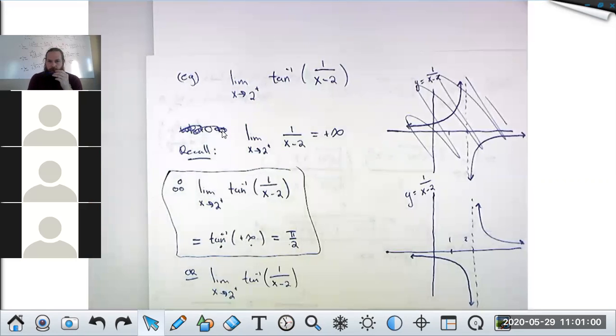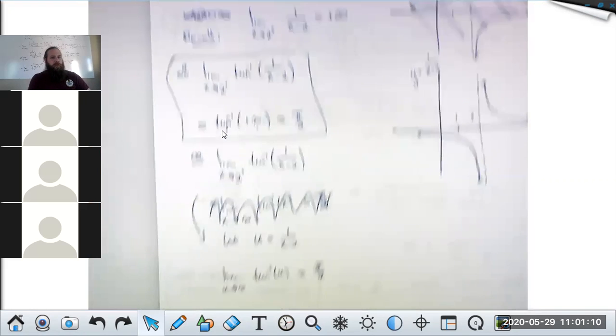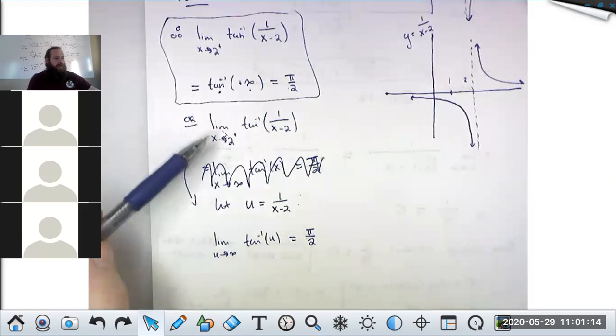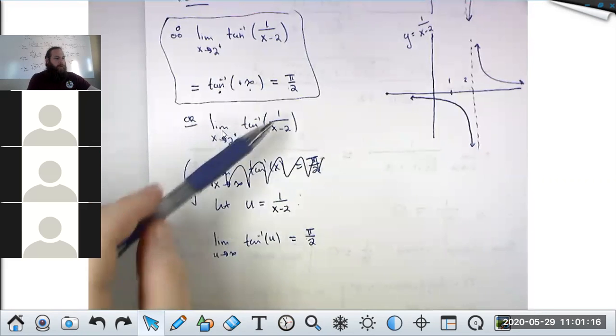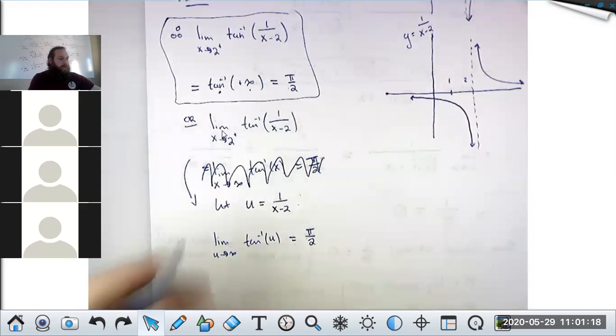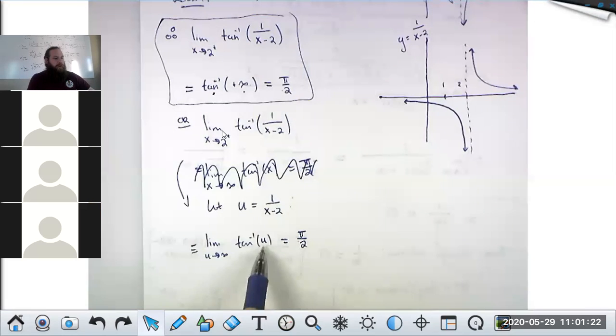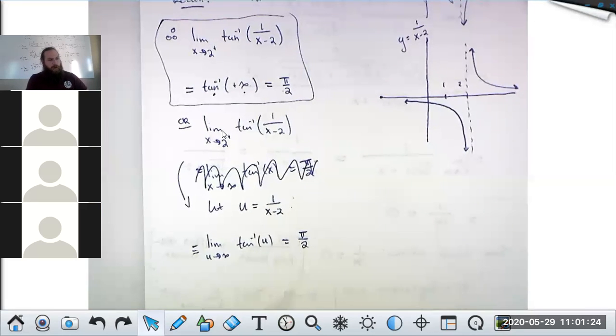Are we able to follow that logic? Yes. Okay. So this is the type of argument you want to get comfy making. There are different ways of writing it. Your textbook does use this substitution thing. So they say that the limit as x goes to 2 plus of arctan of 1 over x minus 2 is equal to the limit as u goes to infinity of inverse tangent of u, which is pi over 2.